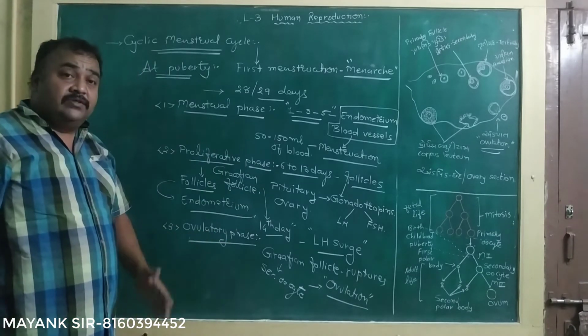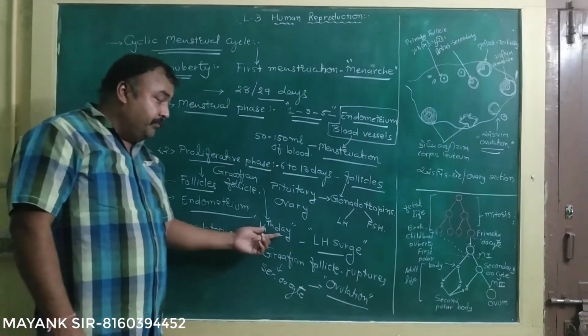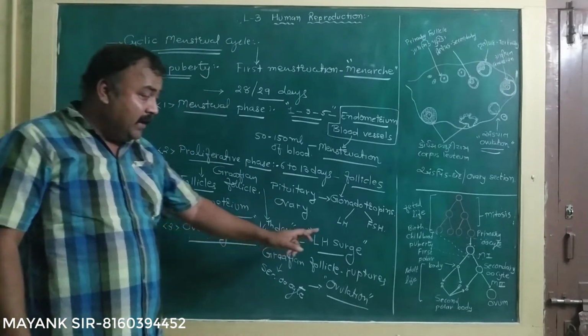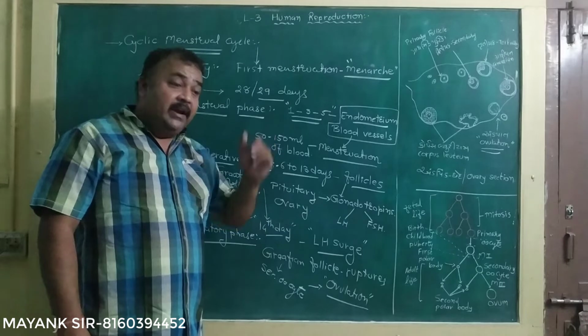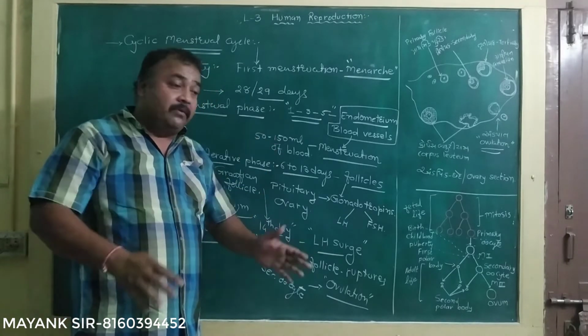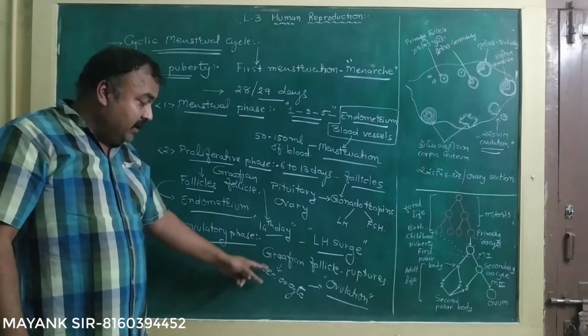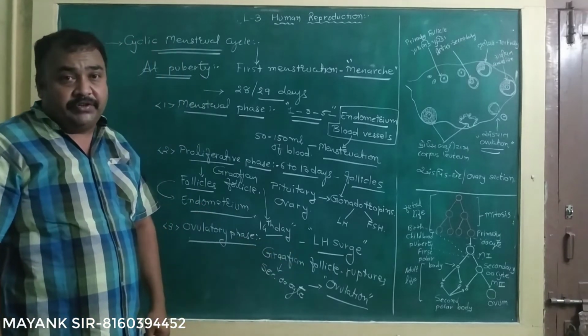In the third phase, the ovulatory phase, on the 14th day, the level of LH becomes maximum, which is called LH surge. It induces the Graafian follicle to rupture and release the secondary oocyte, and that is known as the process of ovulation.